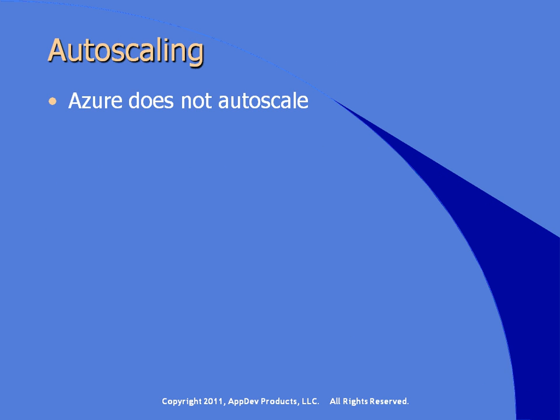Lastly, let's talk about autoscaling. Now, there are several sections where we've talked about scaling, like, for example, Windows Azure Storage. We talked about scaling and how you can scale in SQL Azure and things like that. But when we talk about autoscaling from the Windows Azure side, by default, Windows Azure does not autoscale, meaning it doesn't automatically look at your loads and say, hey, I need to spin up another instance.